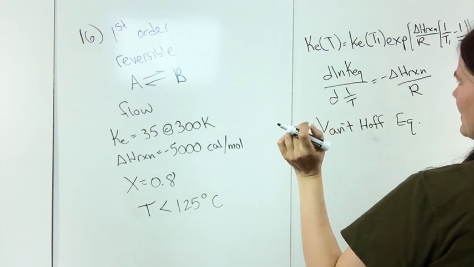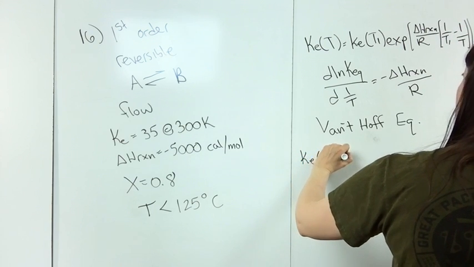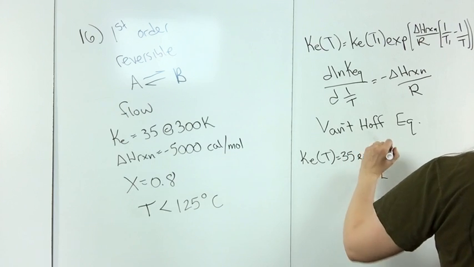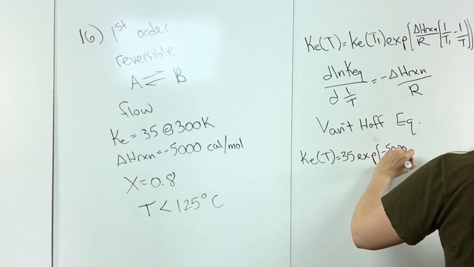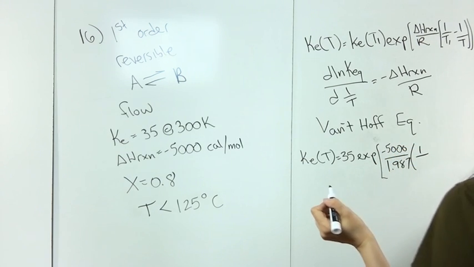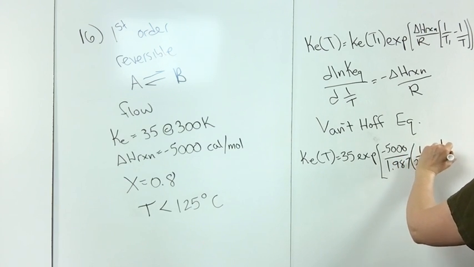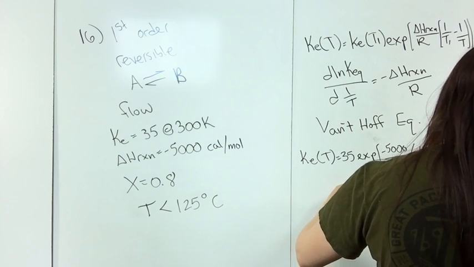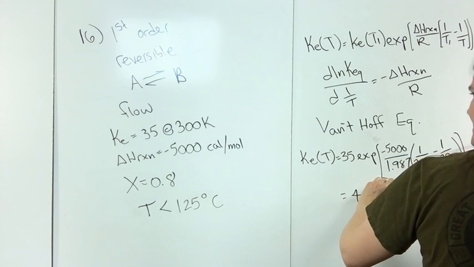And so you would put in, so this would be Ke at T is equal to 35 multiplied by exponent of minus 5,000 over 1.987, times 1 over, and then T1 was 300, minus 1 over 398. So this is equal to 4.437.